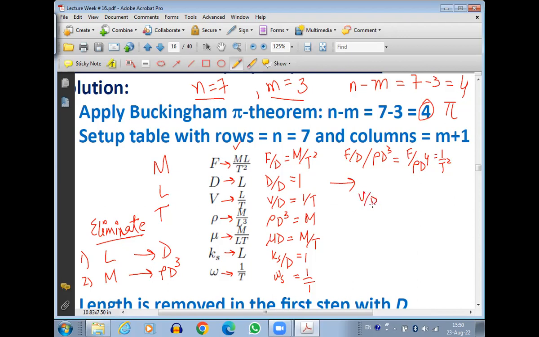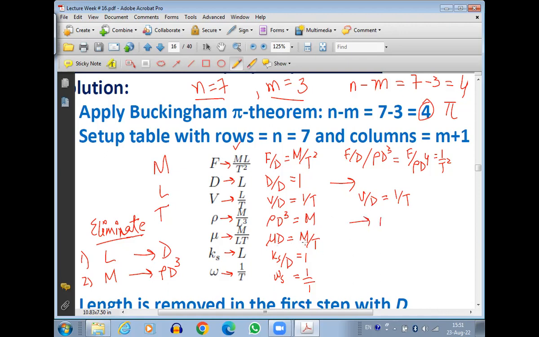V by D is equal to 1 by T. Then rho D cube by M equals M. Divide by M, so divide by rho D cube, so it becomes 1.